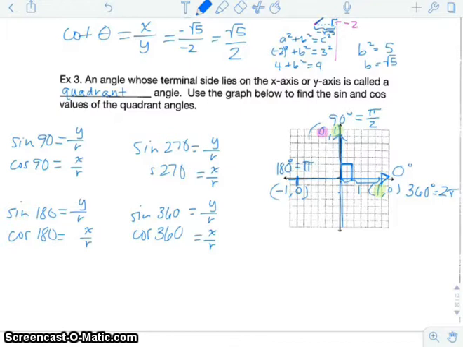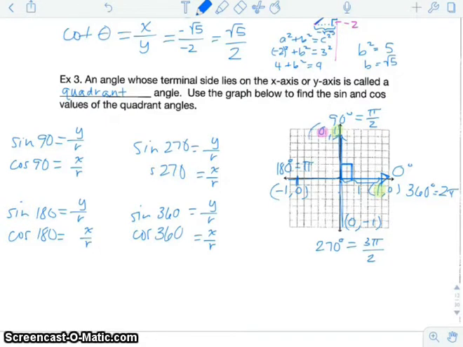Down here, we're looking at 270 degrees, which is 3 pi over 2 radians, and the value here is 0, -1. And then one loop all the way around leaves me with 2 pi, which is 360. Remember, 0 and 360 are coterminal angles.